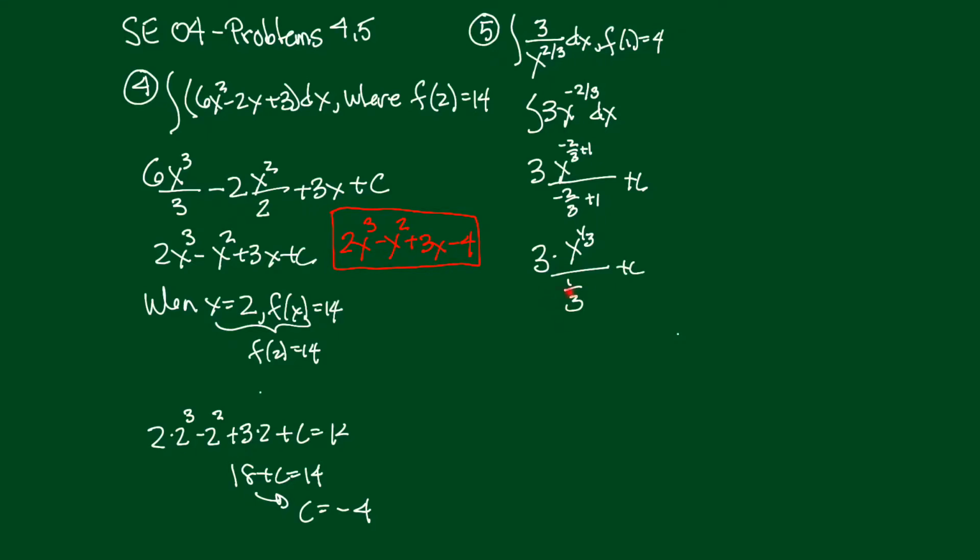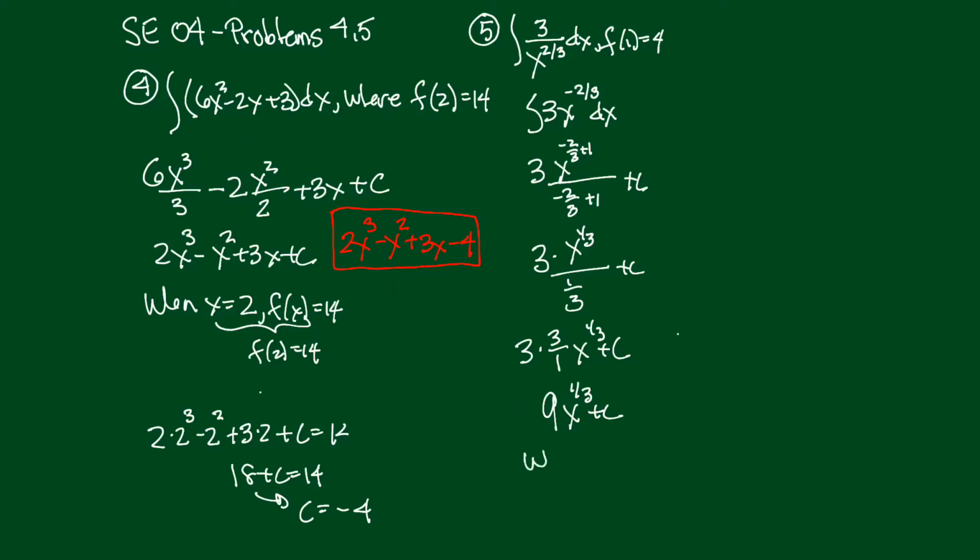Now we can simplify this, right? When you divide by a fraction, you invert and multiply. So if I write it like this, you can do this in your head if you want to. 3 over 1, x to the 1/3 plus c. So we're going to get 9x to the 1/3 plus c when we evaluate that integral.